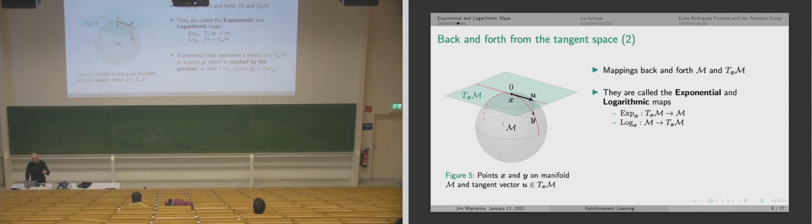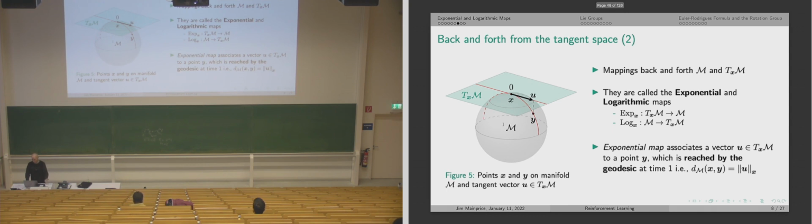So again, the exponential map associates a vector u in the tangent space at x to a point y, which is reached by the geodesic at time 1. And so the distance between x and y is actually the norm of u at x.